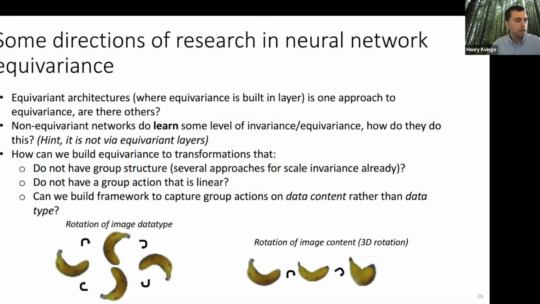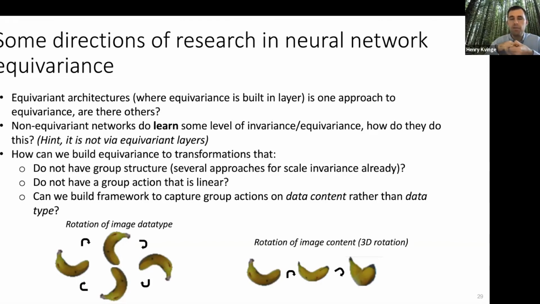Okay, so let me wrap up this section by leaving a few questions that are, to my knowledge, open in this field. First of all, for the equivariant architectures, smart people have found ways of constraining learning at linear layers so that symmetries are satisfied, so that equivariance is satisfied.